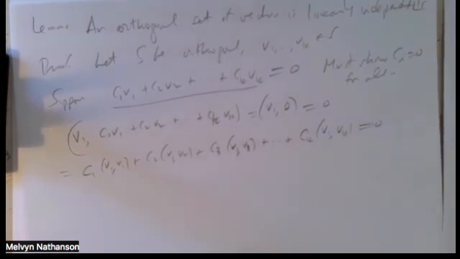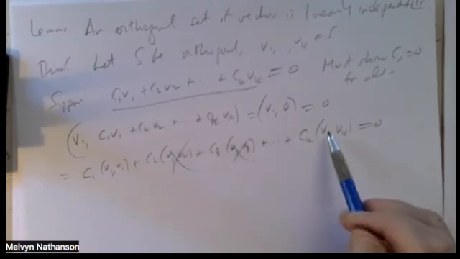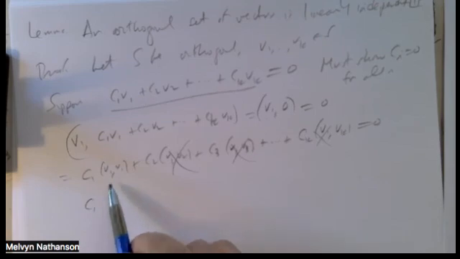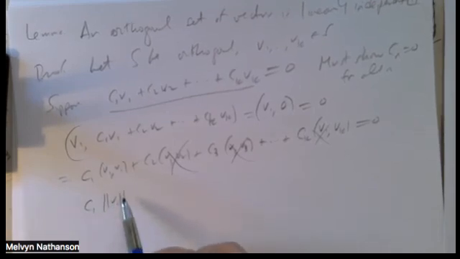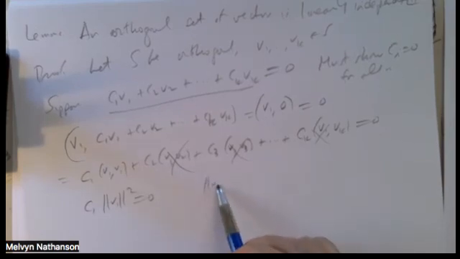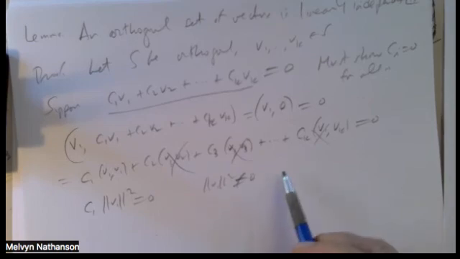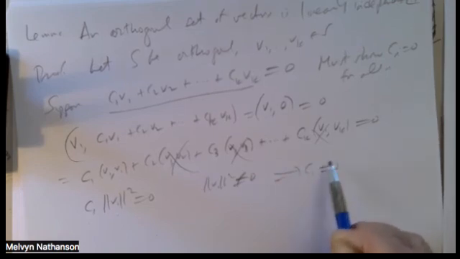But these vectors are orthogonal. So the inner product of any two different ones is 0. So these are all 0. And I'm left with c1 times the length of v1 squared equals 0. This is not the 0 vector, so the length is not 0. So if the product of two numbers is 0 and one of them is not 0, then c1 is 0.